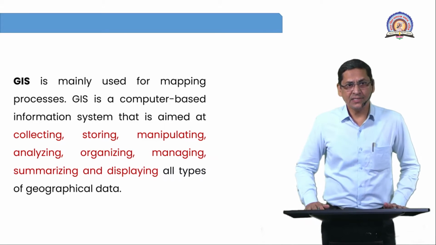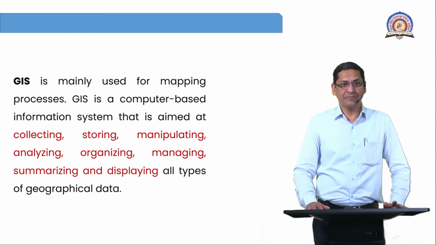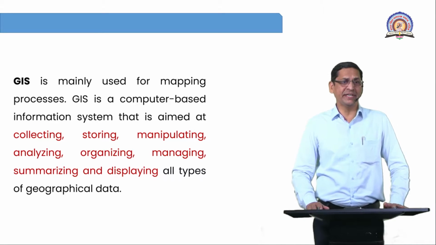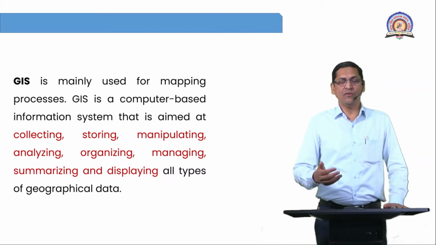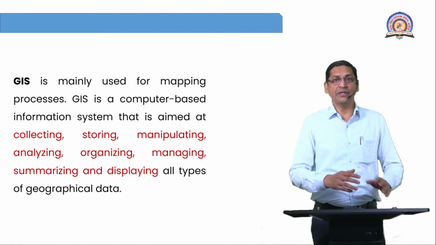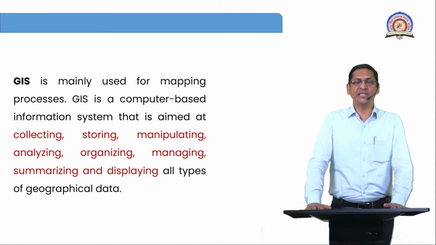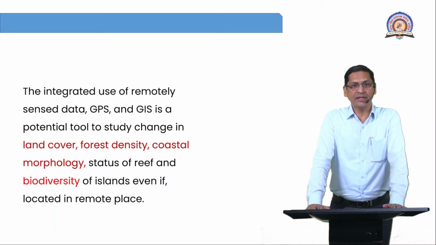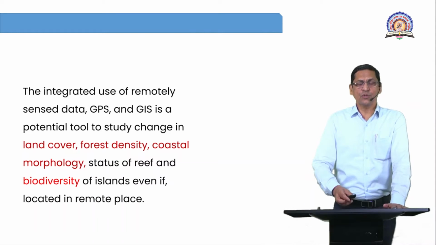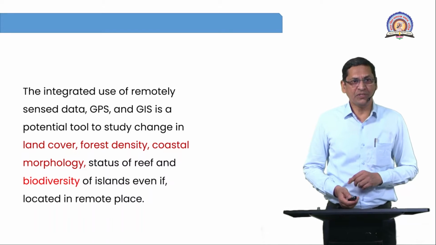Then GIS is a computer-based information system which is used for collecting, storing, and manipulating data, as well as analyzing this data for the formation of different types of maps. Then it is used for organizing, managing and summarizing, and after that, displaying all this data. So this is the main objective of GIS.